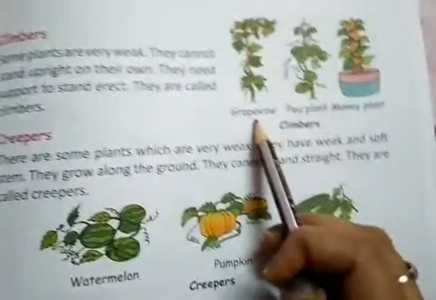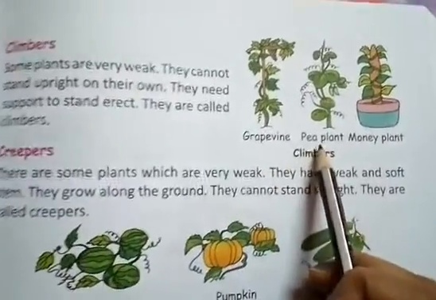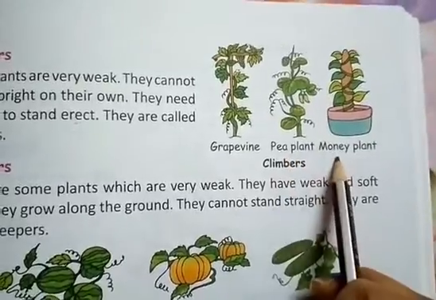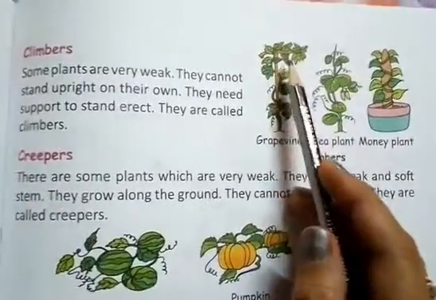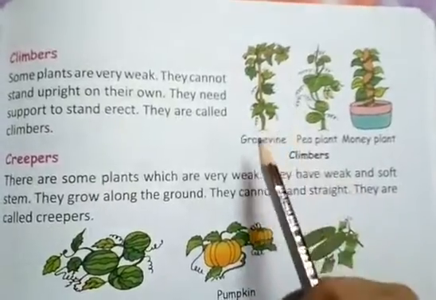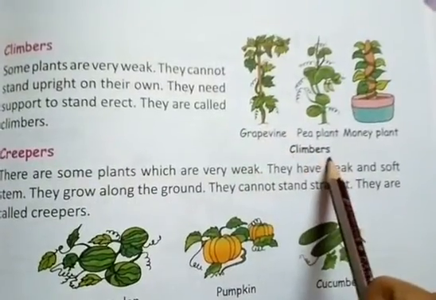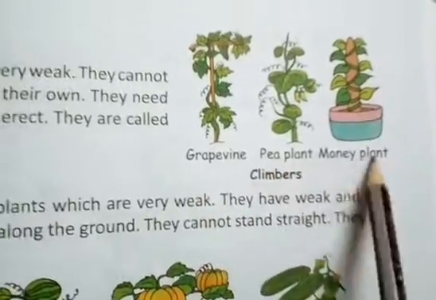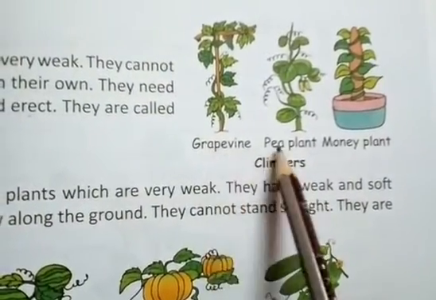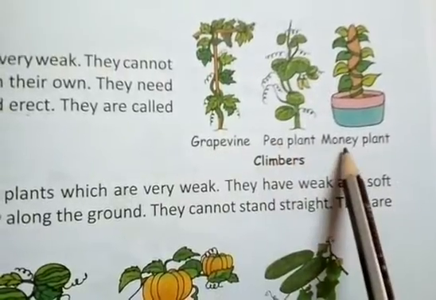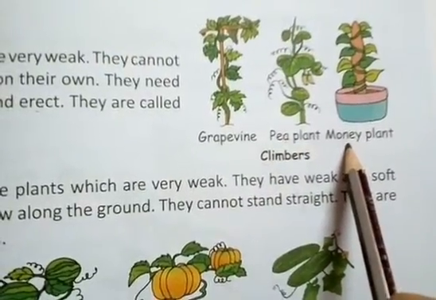So here you can see grapevine, pea plant, money plant. They need support to stand erect and they are called climbers. So you have to remember the 3 examples of climbers, which is grapevine, pea plant and money plant.